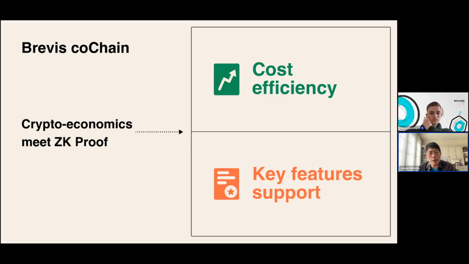So that's why we work closely with the EigenLayer team as one of the first mainnet launch partners to launch Brevis coChain. coChain, you can think of as a hybrid mode, right? Yes, we benefit from EigenLayer's vast risk-taking community, the operators and the risk-takers, to add the cryptoeconomic incentives.